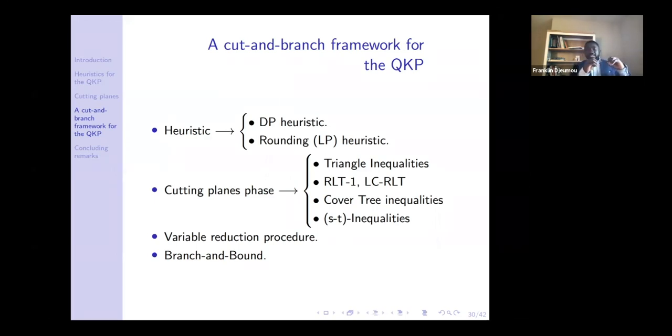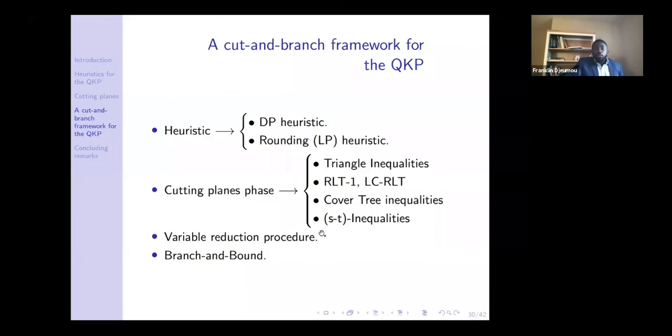But before we do this, we try to do some tricks at the beginning to reduce the number of variables. Can we eliminate some of the variables in the problem so that the size of the final problem that we throw into Cplex is the smallest size possible? That constitutes the variable reduction procedure of our algorithm.